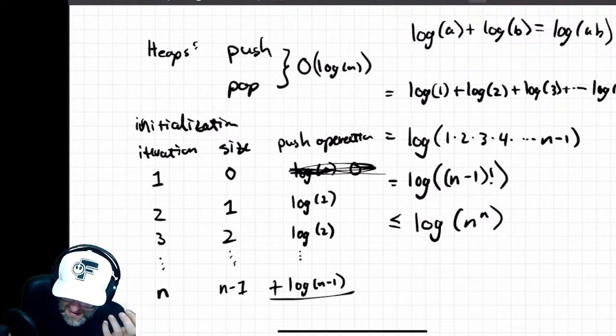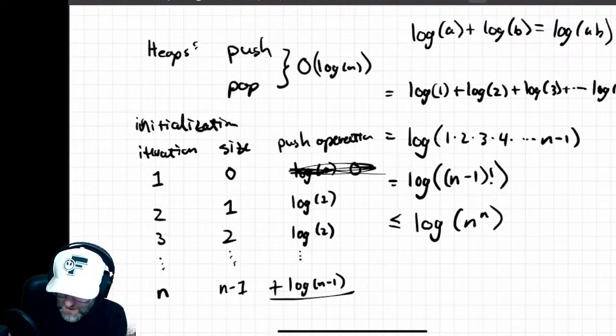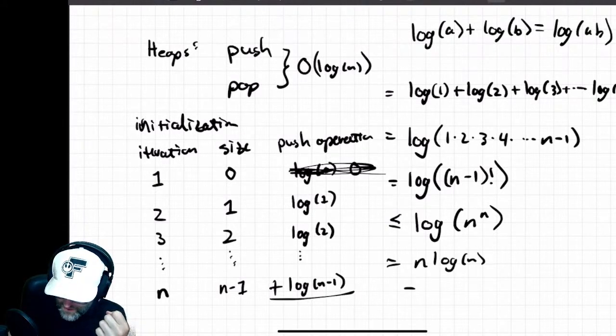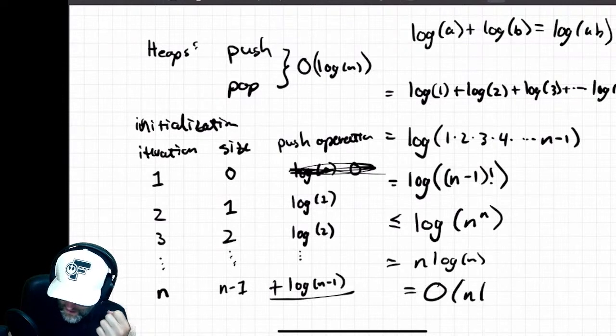So if I replace each one of these terms with n, then I have n times n times n times n, n raised to the n. And that is simply equal to log n to the n, and with another log identity you can take n out to the front, and you're left with n log n. In other words, it's order n log n.